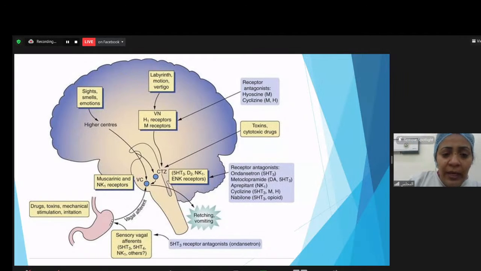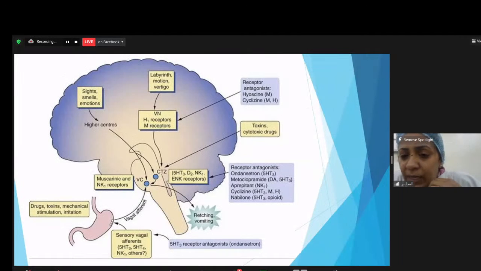Okay, now let's go to the peripheral part, which is the stomach. In the stomach we have cells, and we have serotonin, which are the 5-HT receptors.